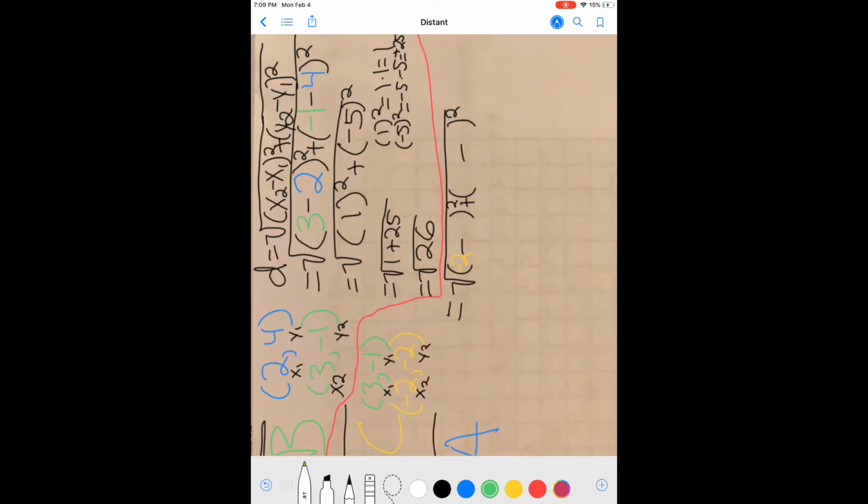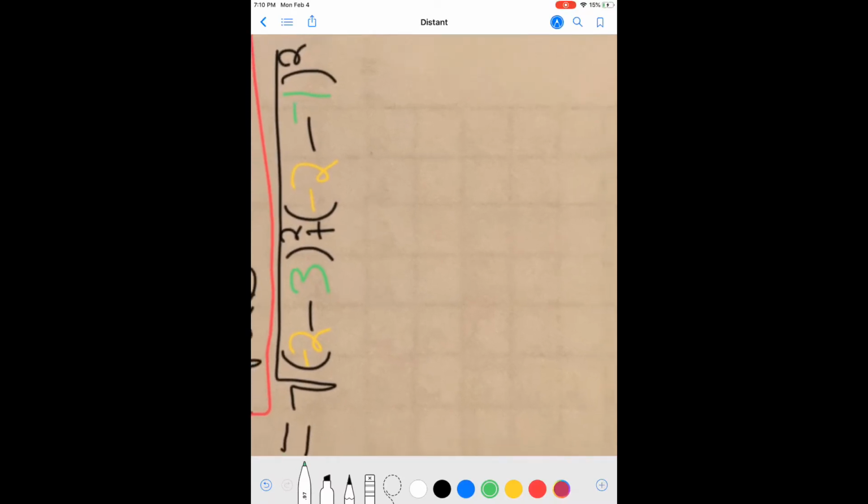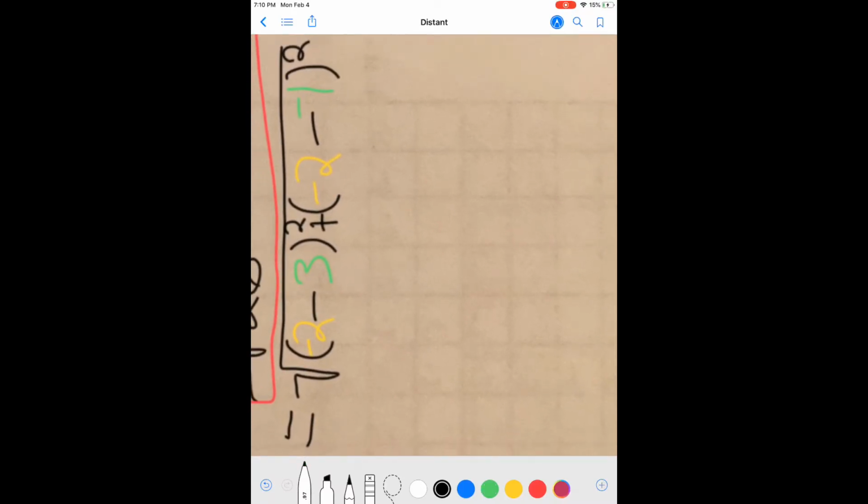-2. Instead of x1, I'm putting 3. Instead of y2, I'm putting -2. And instead of y1, I'm putting -1. So simplifying my substituted values, my first parentheses simplifies -2 minus 3, which is -5, squared.